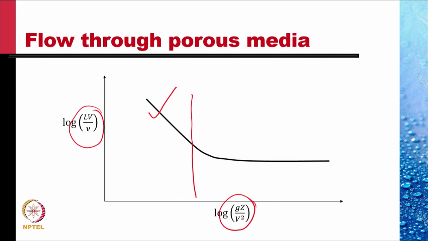But in this region, g Z by V squared is independent of L V by nu. So this leads to the conclusion that this region can be modeled as non-viscous. For larger values of g Z by V squared, it is the inertia forces that count, not the viscous forces.